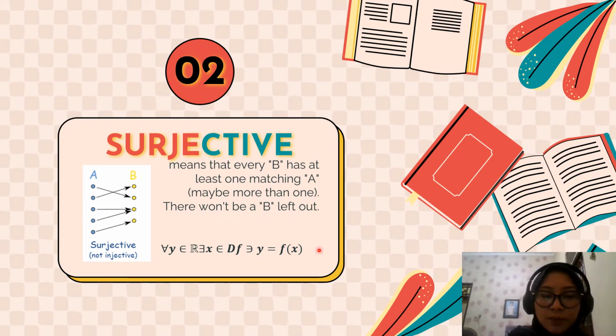So the formal definition is: for every y element of real numbers, there exists x element of Df, where Df is the domain, such that y equals f(x). Let's move to the example.